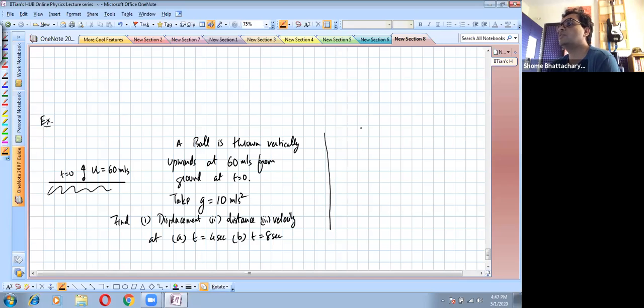Okay. So for the first part, I mean for the A part, I'm taking t equal to 4 seconds. You should be getting the displacement from 0 to 4 seconds as 160 meters, positive.